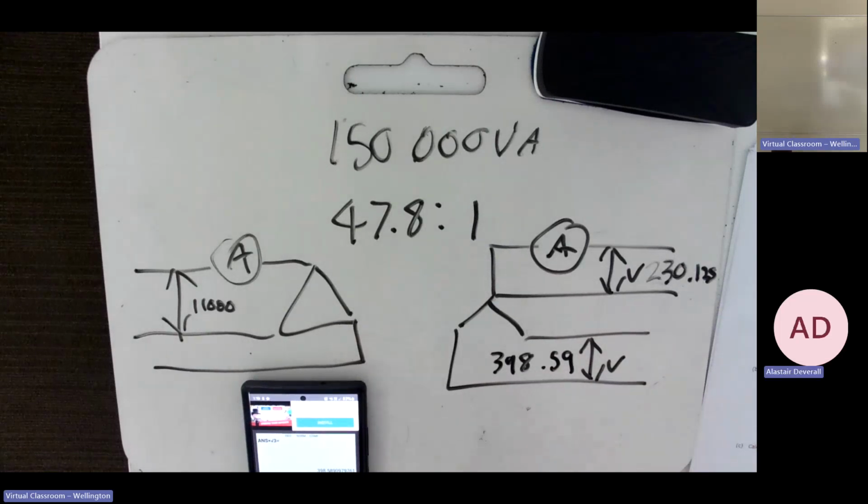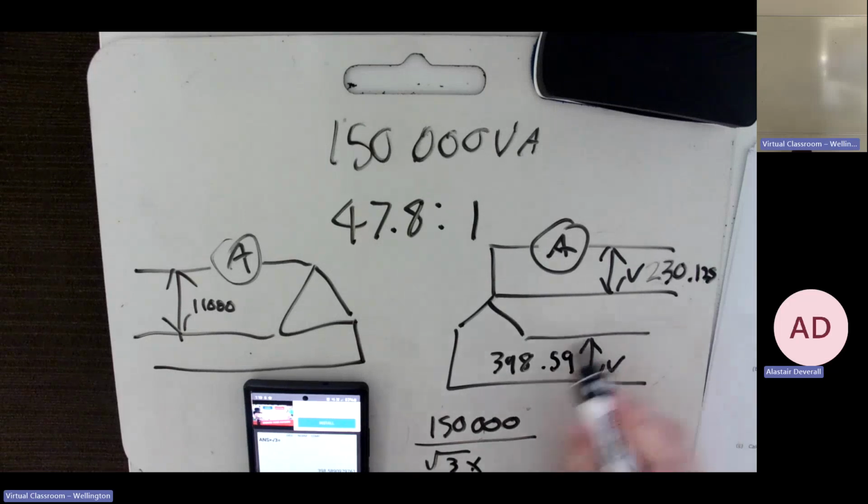Now, as for current, that is our V line. Our formula for current is VA, which is 150,000, divided by root 3 times V line. So it is 398.59.